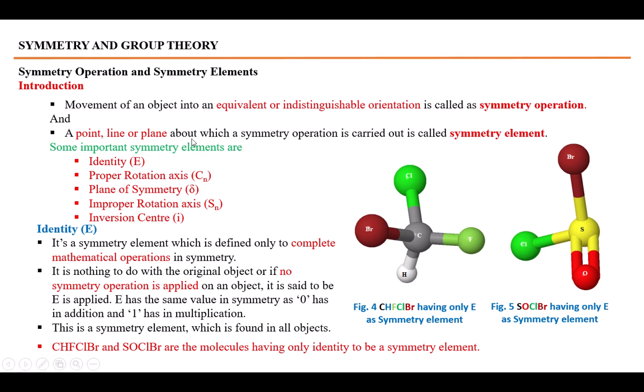And a point or line about which that rotation or that operation is carried out in order to get the indistinguishable image will be called a symmetry element.